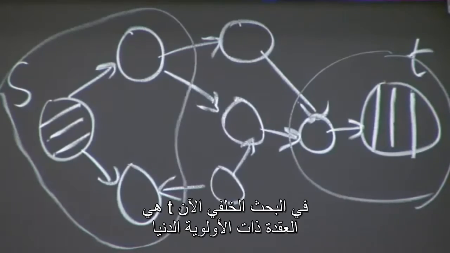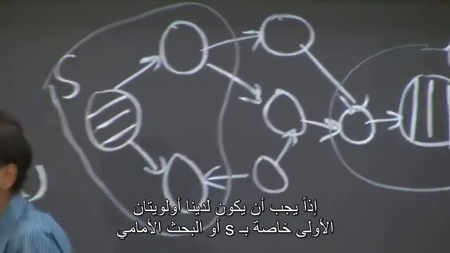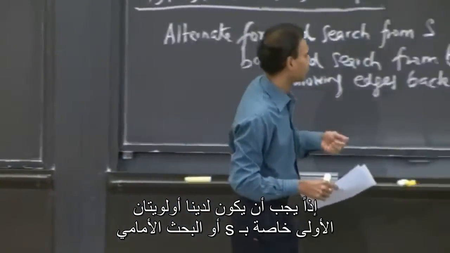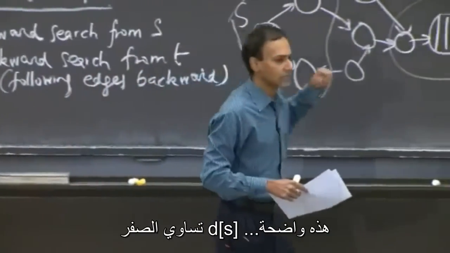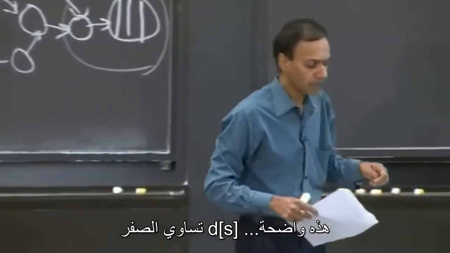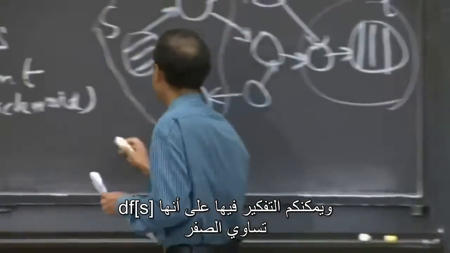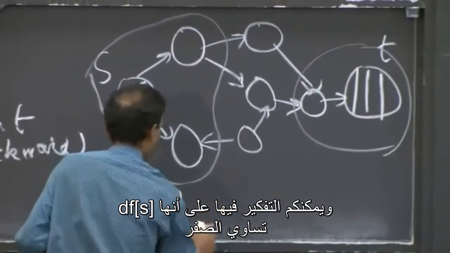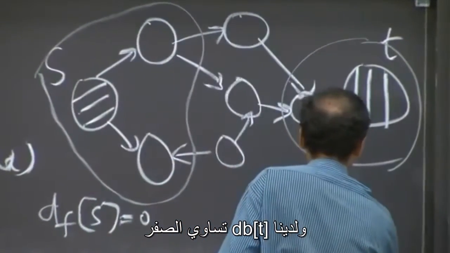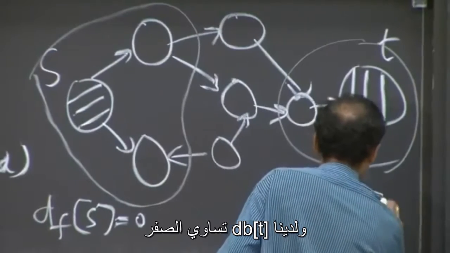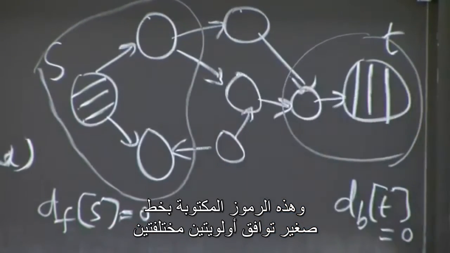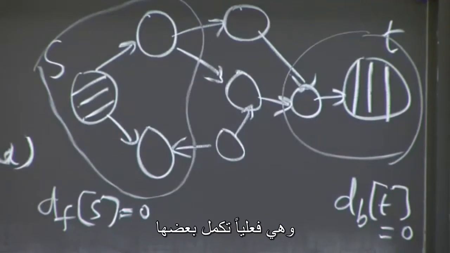now in the backward search is the minimum priority. So we're going to have two priorities corresponding to S in the forward search, where that's a straightforward one: D of S equals 0, and we should think of it as D_F of S equals 0. And we have D_B of T equals 0. These subscripts correspond to these two different priorities.